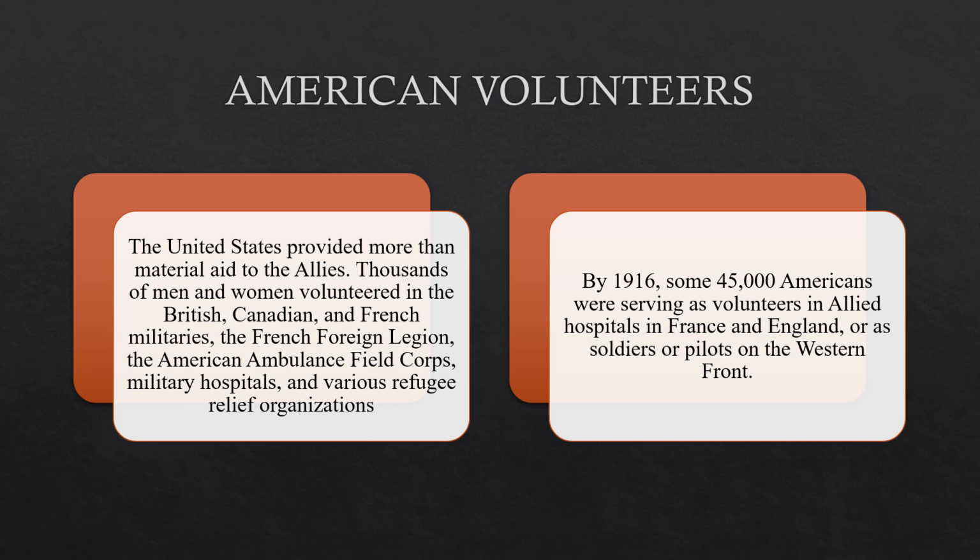Theodore Roosevelt's son, Kermit, used his father's help to gain a commission as a captain in the British Expeditionary Force in France. By 1916, some 45,000 Americans were serving as volunteers in Allied hospitals in France and England, or as soldiers or pilots on the Western Front. So, in addition to aid, there were a lot of volunteers who served in various organizations.